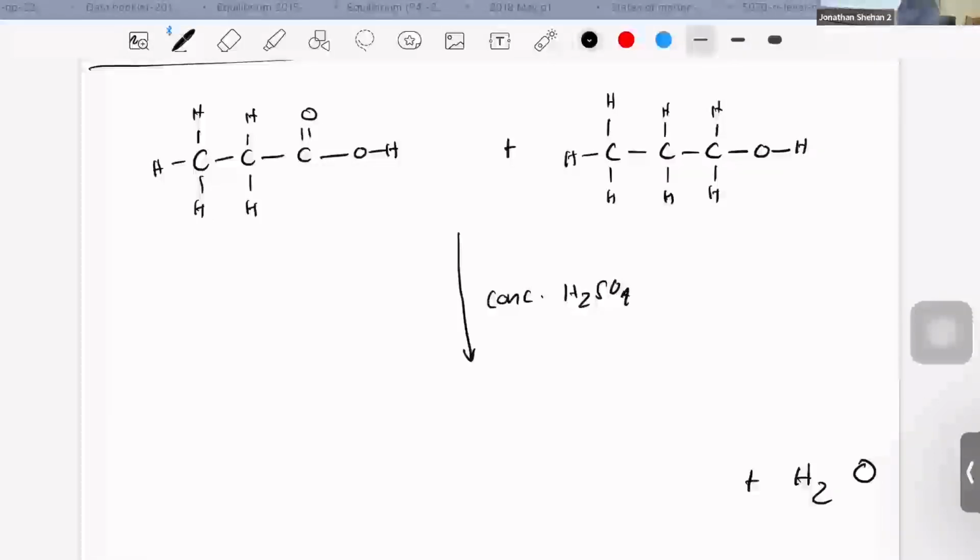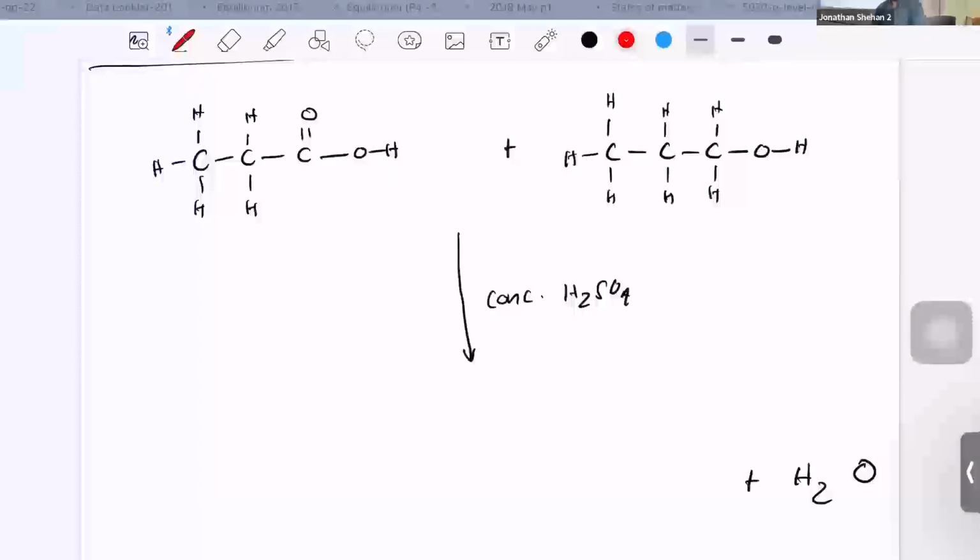So remove H from the alcohol, OH from the carboxyl. The carboxylic is the one that has the double bond.